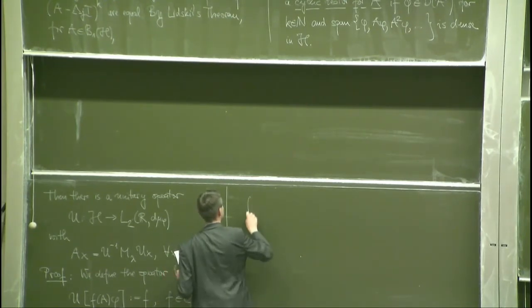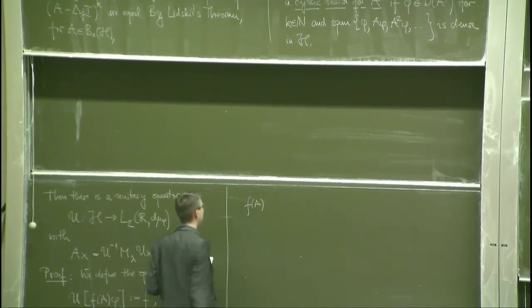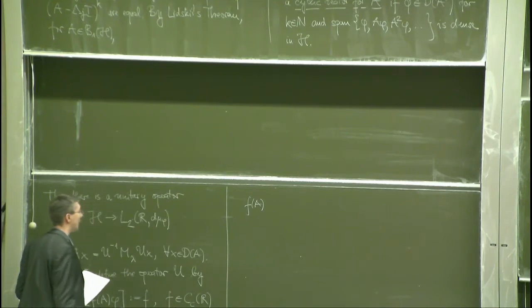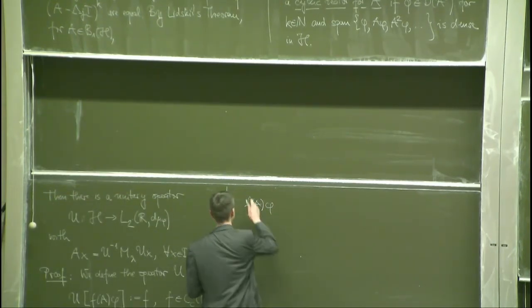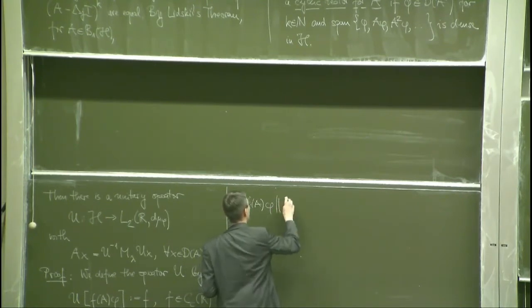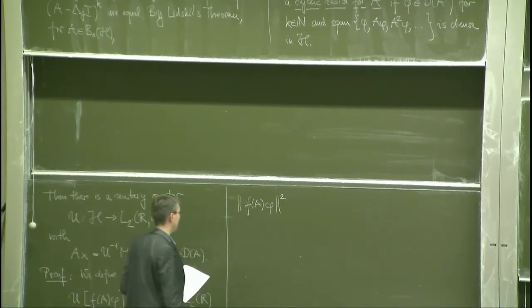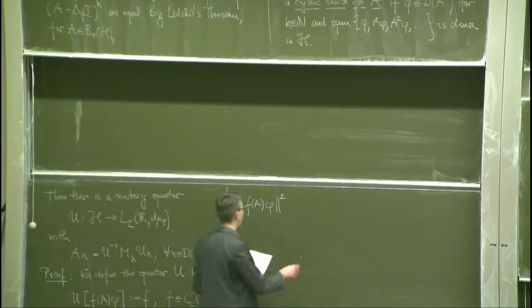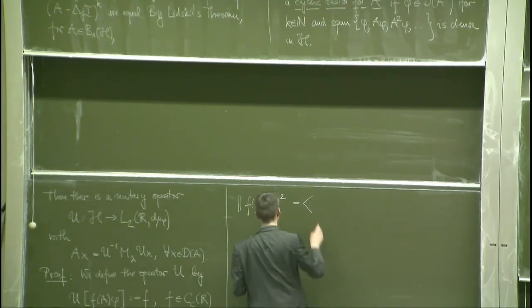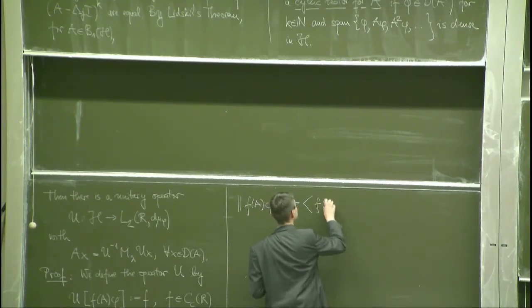Now this object f of A, if f is a CC function on R, was well defined using this functional calculus, and we know that the norm of this object applied to some Hilbert space element phi to the power of 2. This is okay, but the definition of the norm, first of all, this.